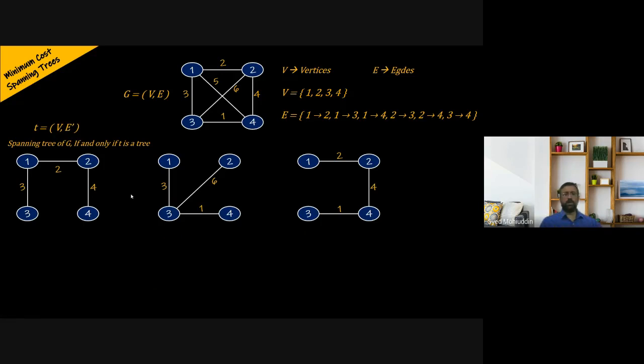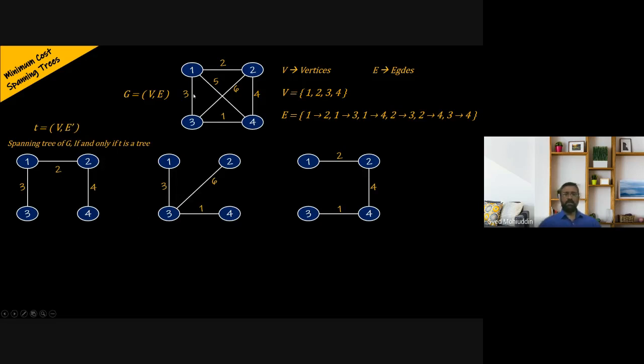So here we are talking about a weighted undirected graph. There is no orientation for edges. It's a weighted undirected graph which is connected. So we are talking about a weighted connected undirected graph.